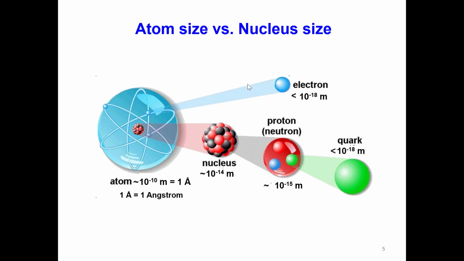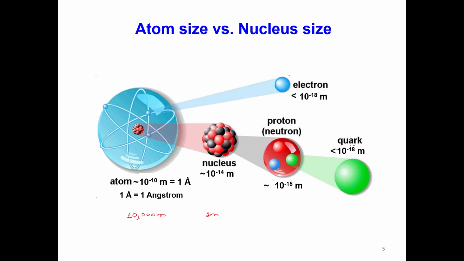Maybe we can explain this better by comparing with these measurements. If we have 1 meter for the nucleus, then the atom is 4 orders of magnitude larger, so it would be something like 10,000 meters.